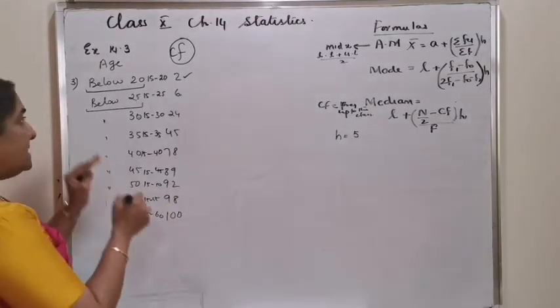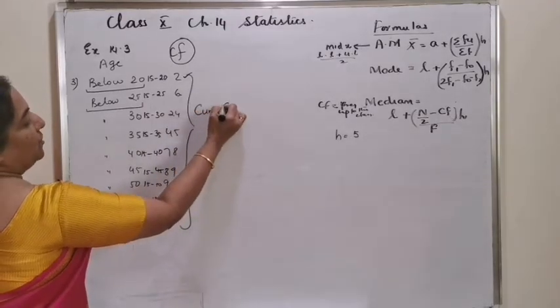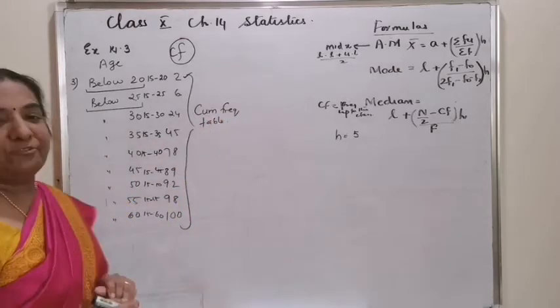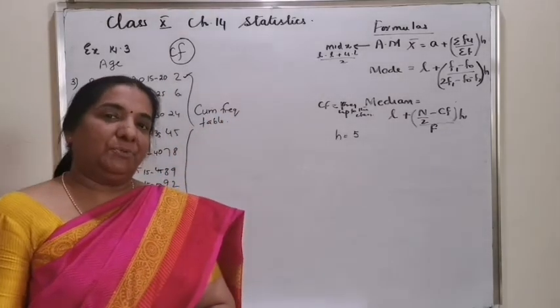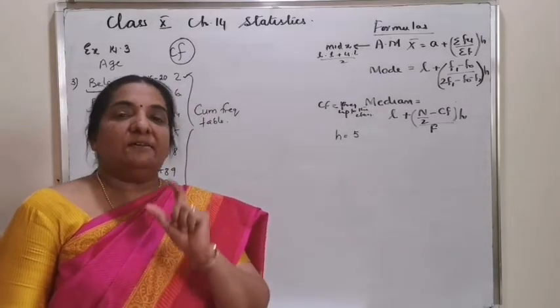That means the table given in the question is a cumulative frequency table. We have to convert it into a frequency distribution table with class interval 5.